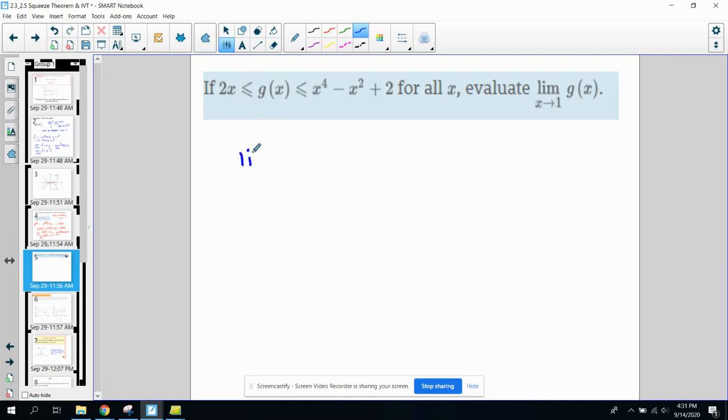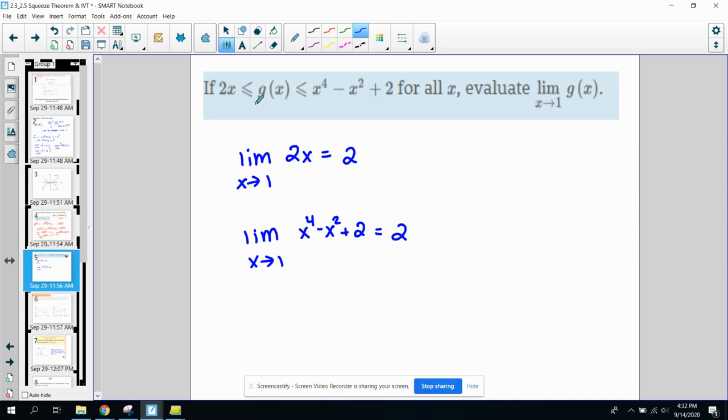So let's take the limit as x approaches 1 of the left end first, so of 2x. Okay, we're going to plug in 1 for x, and we get 2. Okay, we're going to do the same thing for the other side. So the limit as x approaches 1 of x to the 4th minus x squared plus 2. And we plug 1 in, and we get 1 minus 1 plus 2, which we get 2.